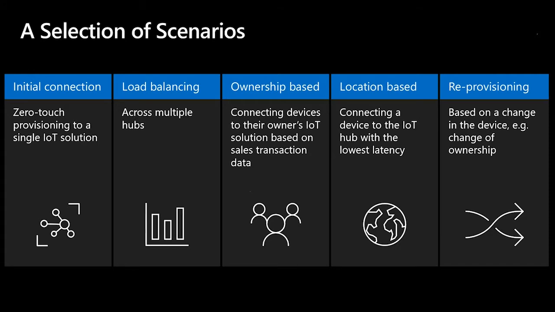The next one is location based. If you want a device to connect to an IoT solution in the region, the data centers in the region, or the device is in a region where you want it close to the closest IoT hub with the lowest latency, that's a really popular scenario.